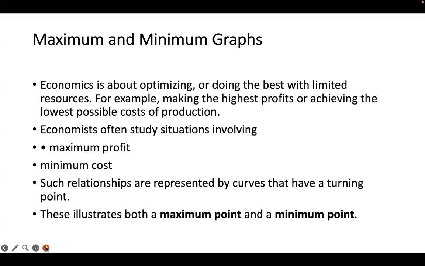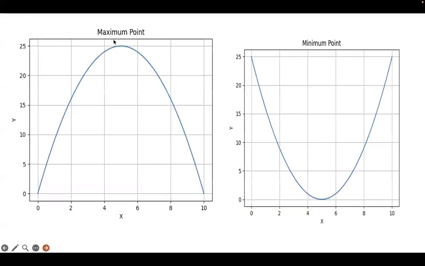So economists often study situations involving a maximum point and a minimum cost. Such relationships are represented by curves that have a turning point. So this is a maximum point. In economics, we always aim at maximizing profit and also minimizing cost.